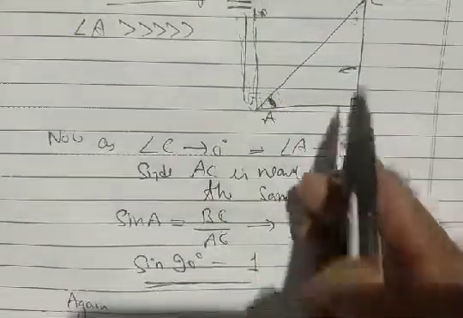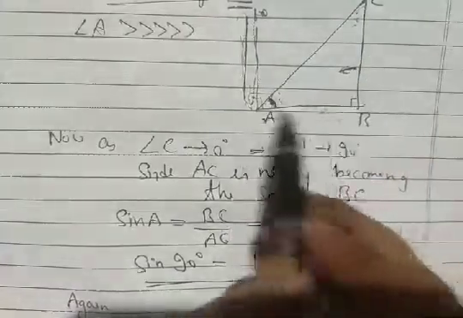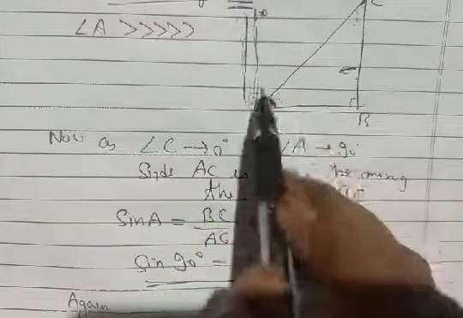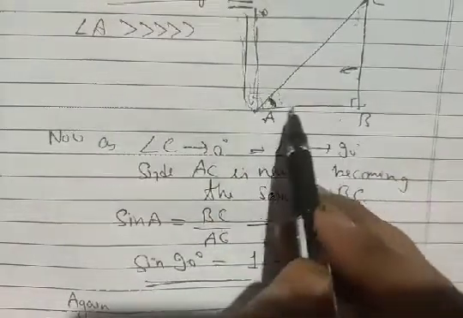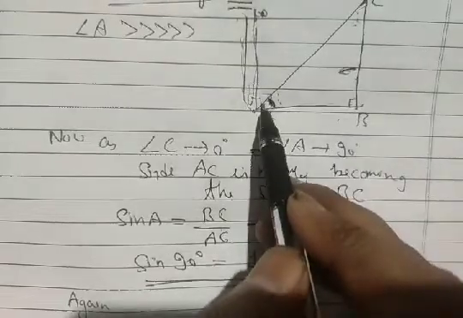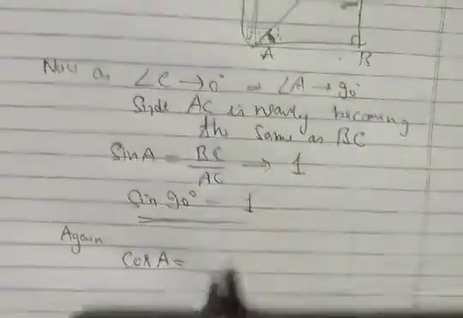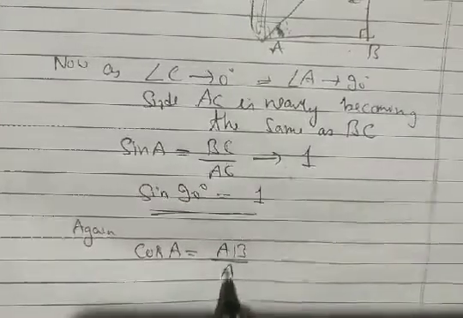Again, when our A is very close to 90 degrees, angle C is very close to 0 degrees. What about side AB? When you move AC toward the point at angle A, our side AB decreases. Our AB nearly becomes 0. Therefore, when we define cos A, it's the base to the hypotenuse, AB to AC.